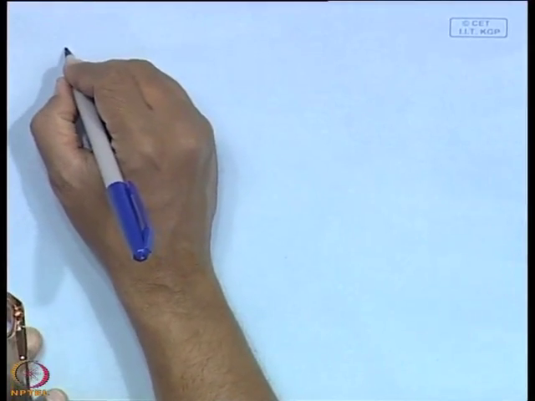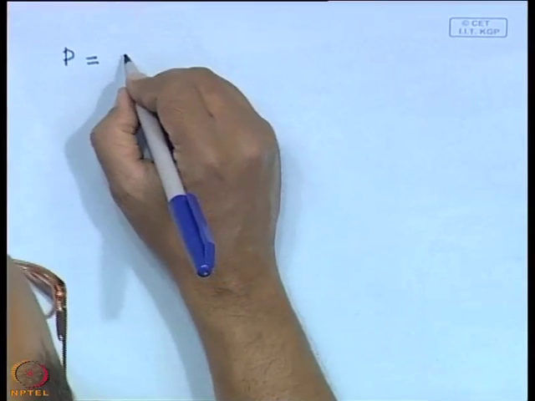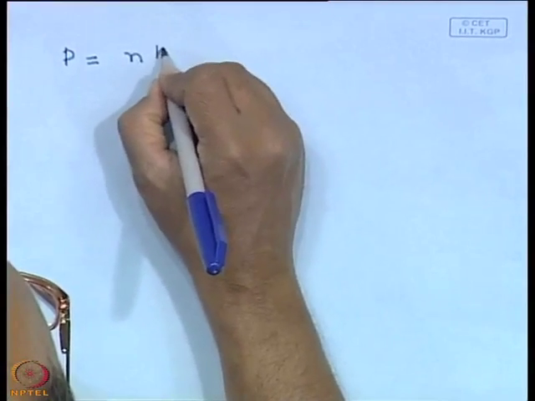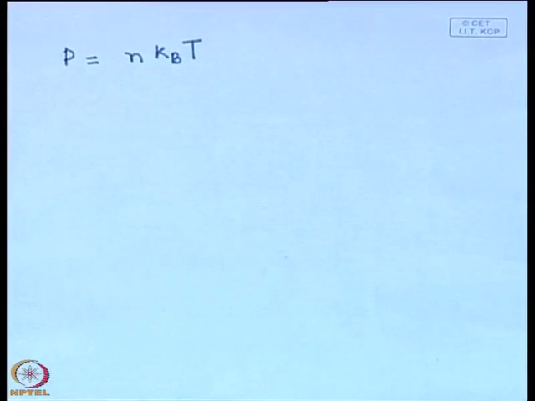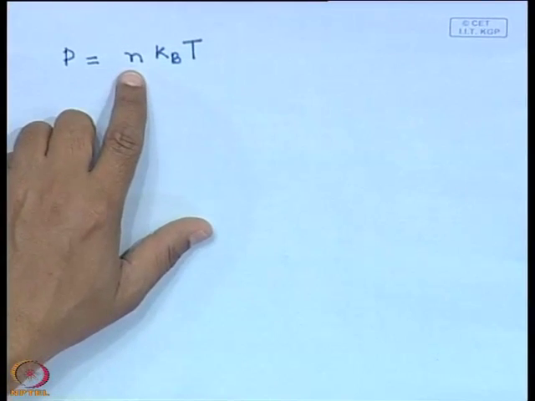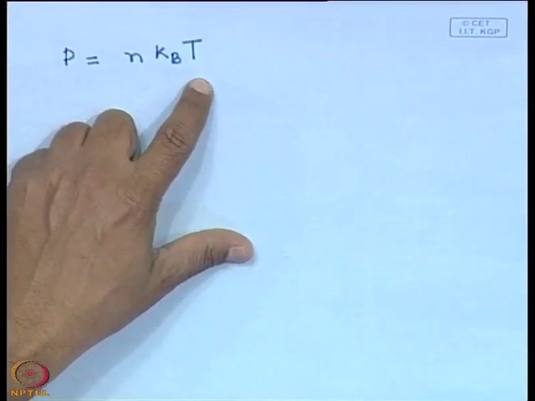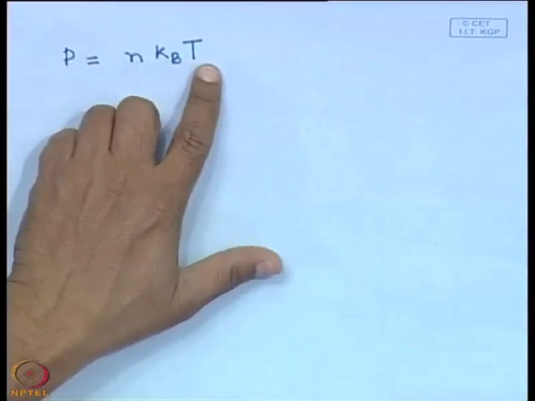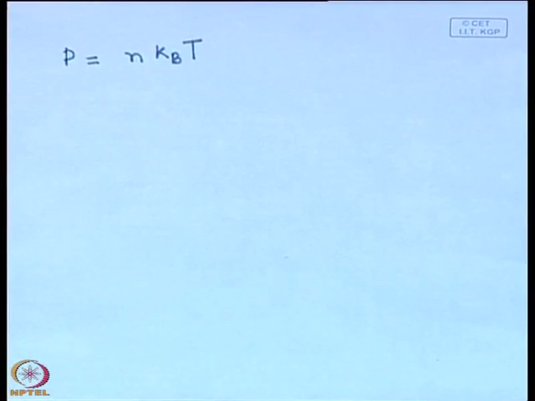Okay. So, for any gas, if it is an ideal gas, then the pressure and the temperature are related as follows. The pressure is equal to the number density of particles times the Boltzmann constant times the temperature. So, if you know the pressure and you know the number density, you can determine the temperature.